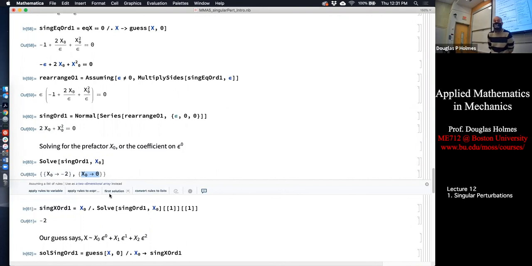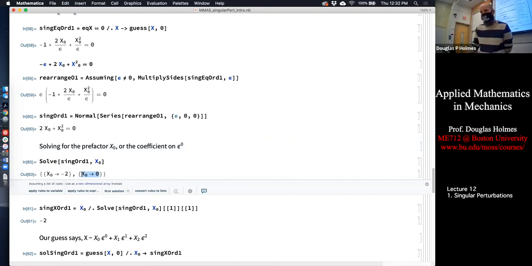It looks like now we have 3 solutions, one which we solved in the regular perturbation, and now 2 coming from the singular perturbation. But this solution here is equivalent to the one from the regular solution. We would have to do a little bit of work, I think.